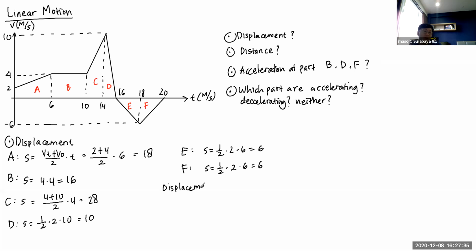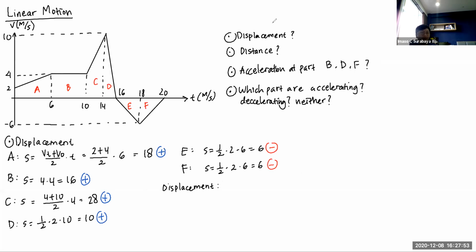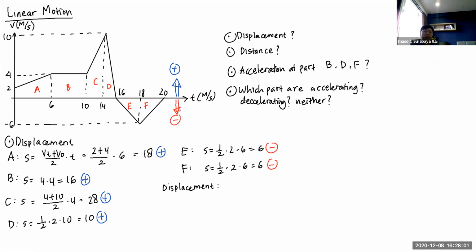So to count the displacement, which are positive, which are negative? A is positive, B is positive, C is positive, D is also positive. E is negative, and F is also negative, right? Because everything on top of this is positive, and everything below this is negative.